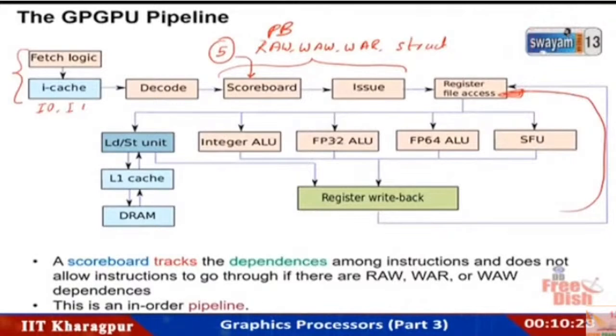So this is as such a regular pipeline. The scoreboard is new, but the rest are not that new. The scoreboard basically tracks the dependencies and stalls instructions until the dependency is met. And it's an in-order pipeline. It's not an out-of-order pipeline. It's primarily an in-order pipeline to a large extent.